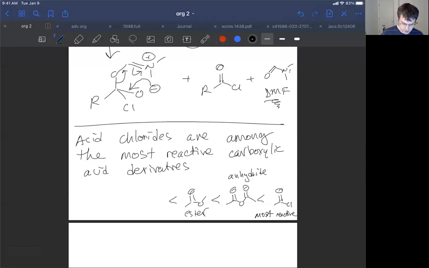Okay, now over here in the middle is actually the carboxylic acid. So everything to the right of the carboxylic acid is more reactive than it. Now, less reactive than the carboxylic acid is actually another derivative, and that's the amide. And the least reactive carboxylic acid derivative of them all, it's kind of a bummer to call it a carboxylic acid derivative. I guess it's derived from it.